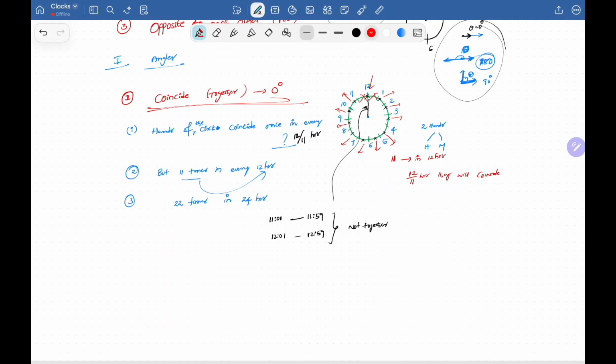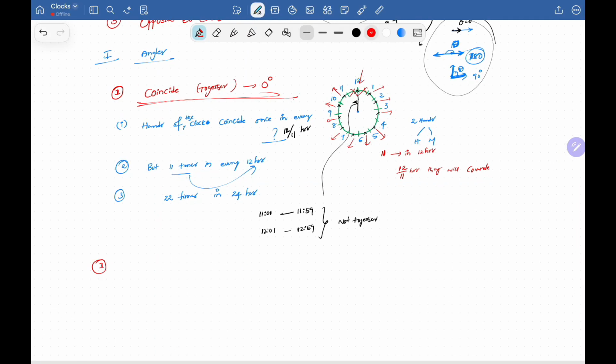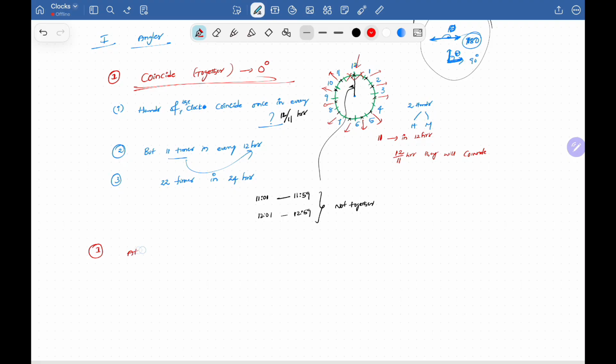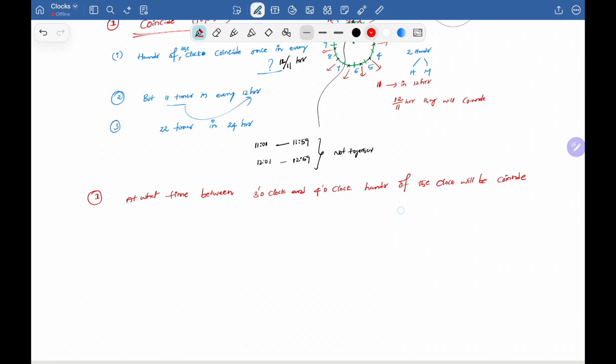Don't forget it. The question is: at what time between 3 o'clock and 4 o'clock will the hands of the clock coincide?